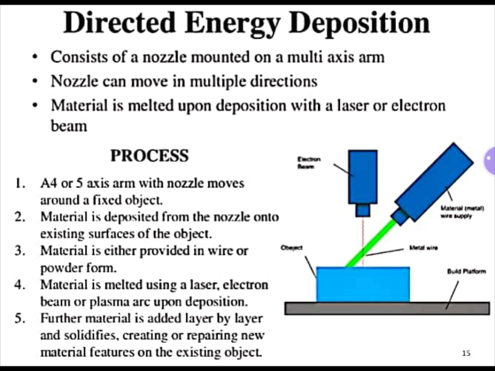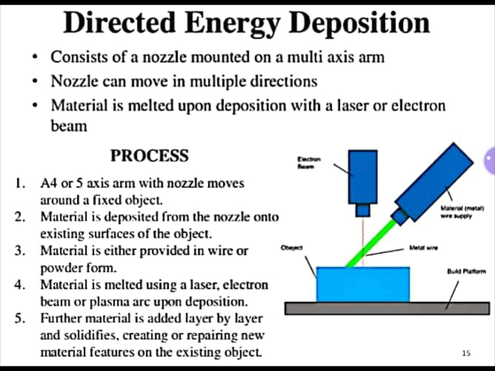Here this technique is specially not used for fabrication of the component. This process is used to repair and maintain the structural parts. This technique is also called as metal deposition technique.